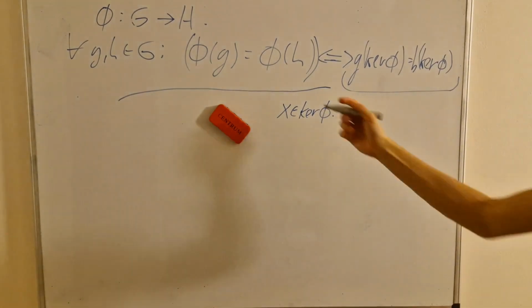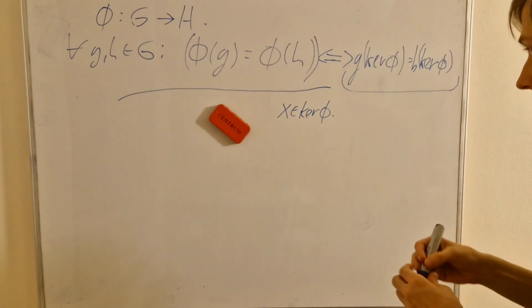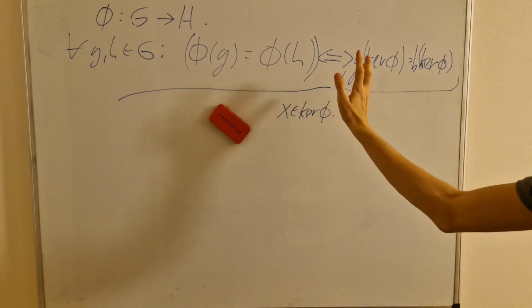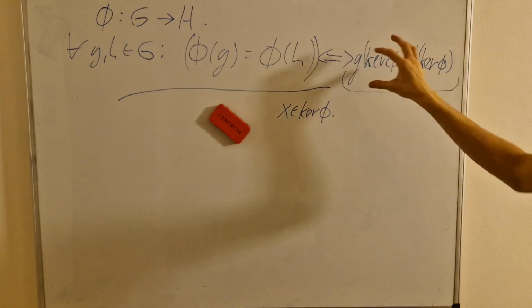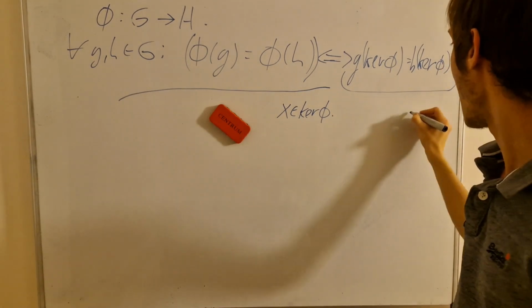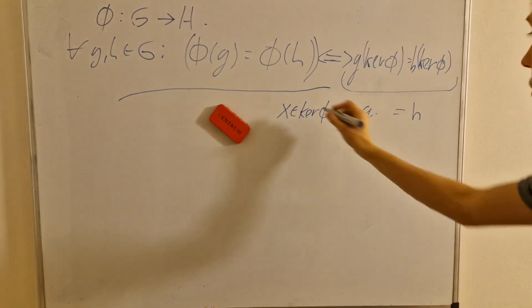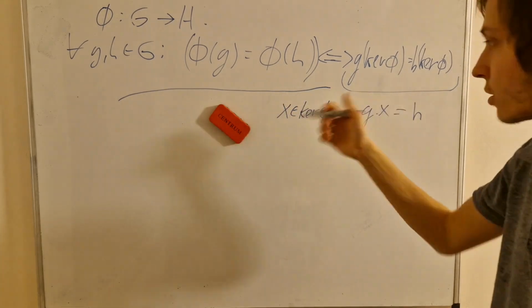It's of course going to be an element of G, but now we look at it furthermore as x part of kernel phi. That's important for us. Now we know g times kernel phi equals h times kernel phi, the same left cosets. So we can express h as g times something from the kernel phi.